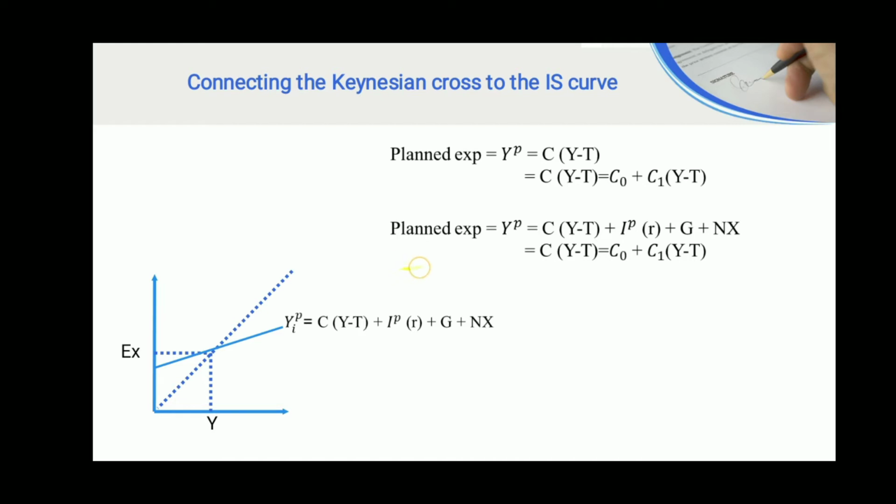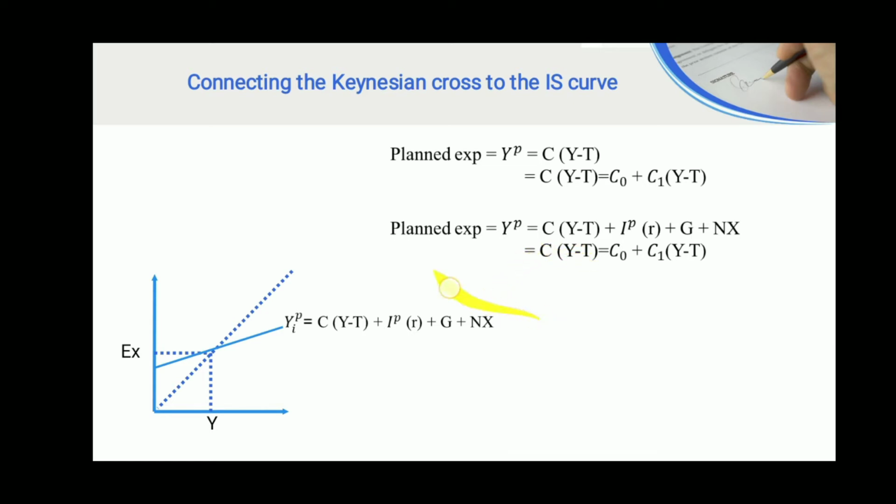Here the planned expenditure is the consumption plus IP, which depends on the interest rate R, plus G, government expenditure, plus NX, net export. So it means we have done this Keynesian cross analysis.